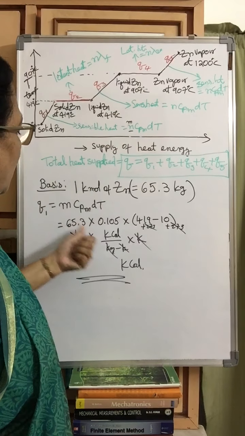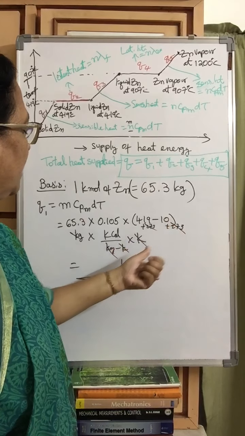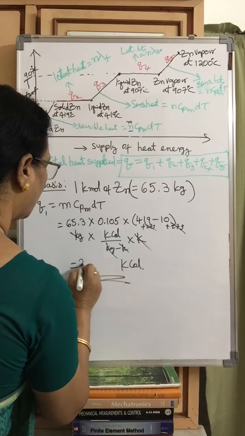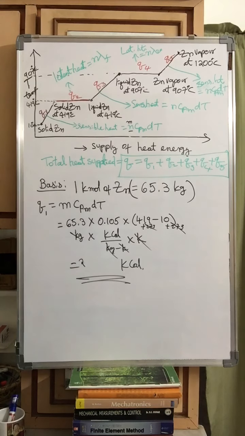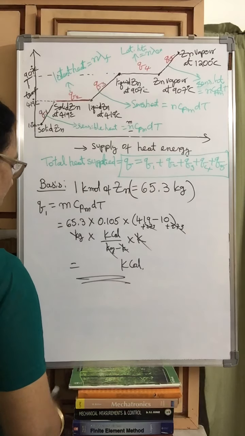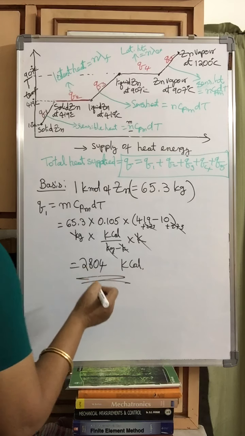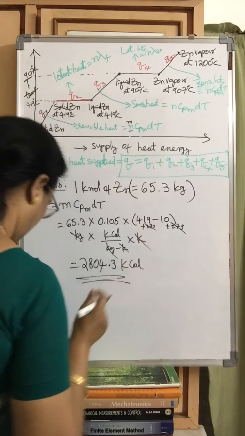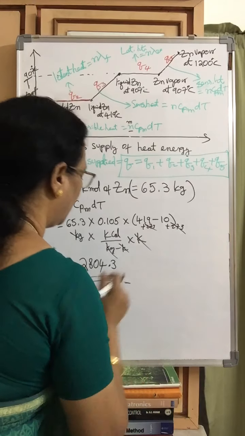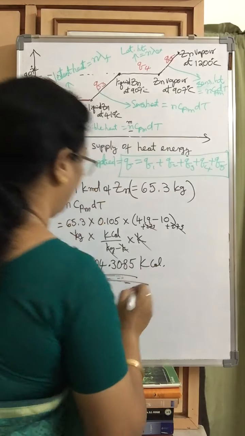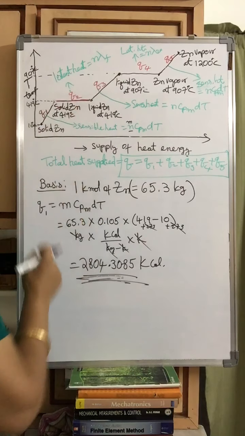So you will get the value of Q1 as 2804.3085 kilocalories.